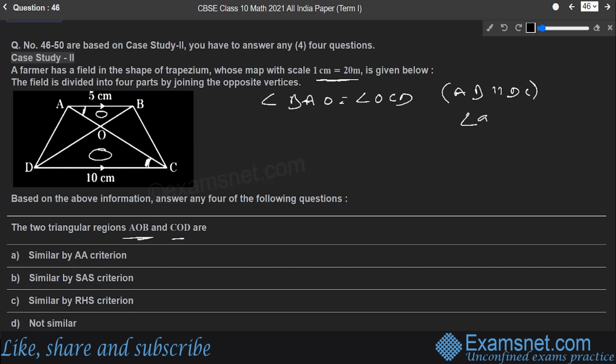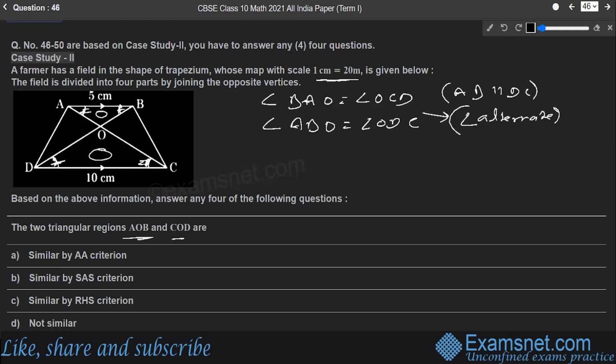Alternate angles of parallel lines are always equal. Interior alternate they are also called. So these two are equal. Similarly, we can say angle ABO is also equal to angle ODC. By the same logic, they are again an interior alternate pair. So these two angles are correspondingly equal.